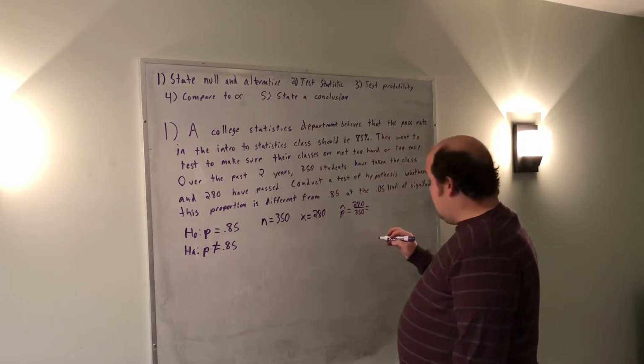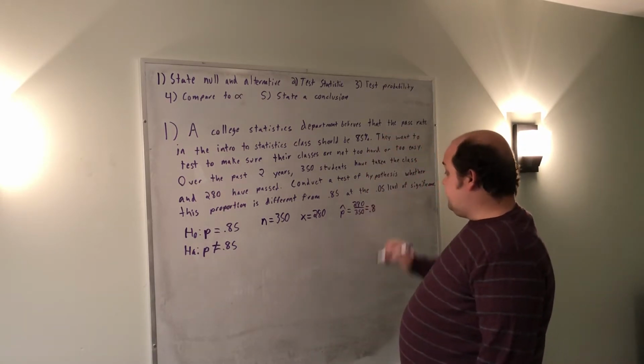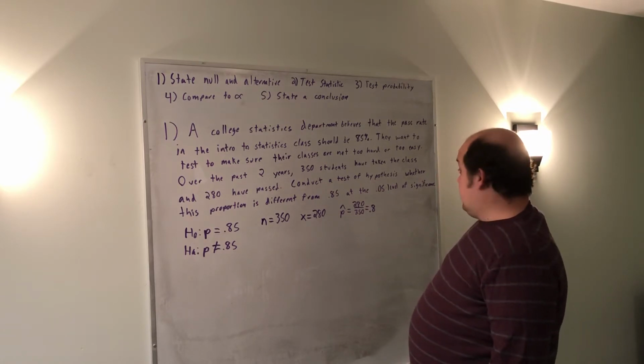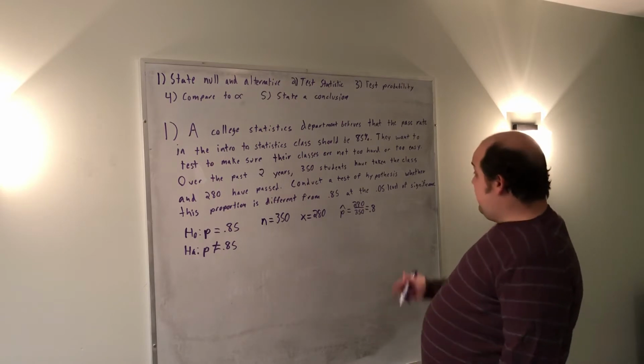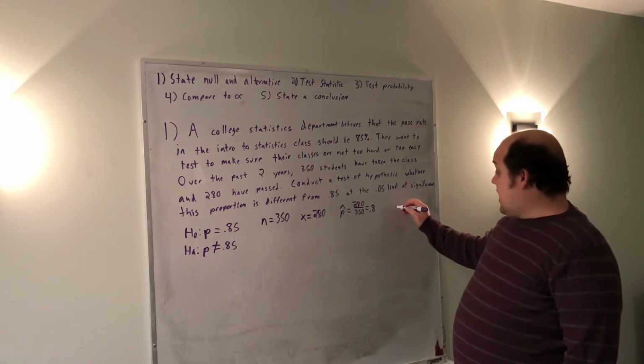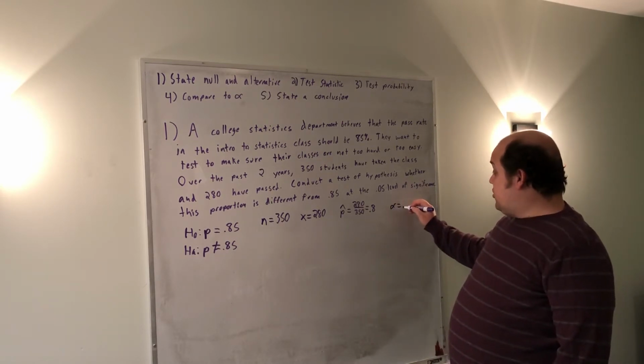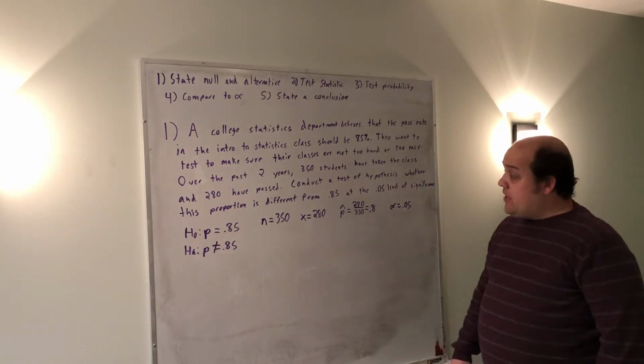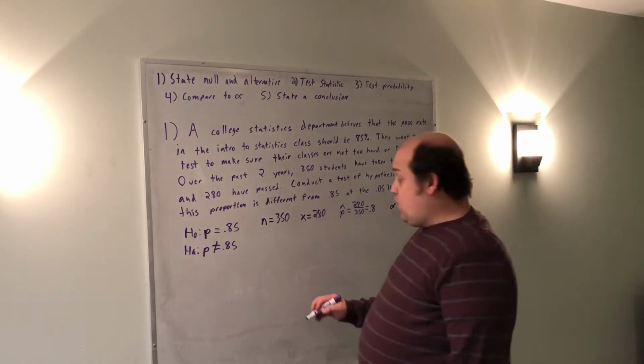That should give me 0.8. Then we need to see what the confidence level is. Here they gave it as a level of significance, not confidence, so I can just plug that straight in as alpha. Now that I have the key information, I can set up my z-score formula.